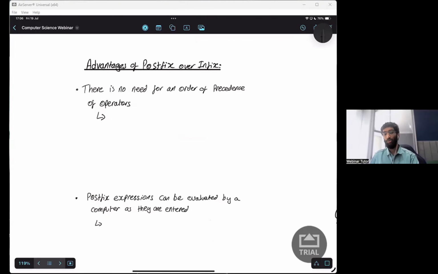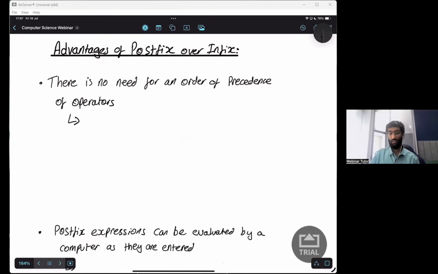But why do we use it? Well, we need to look at the advantages of postfix over infix. The first thing is that there is no need for an order of precedence of operators. In other words, that's just saying that there's no need for any BIDMAS.